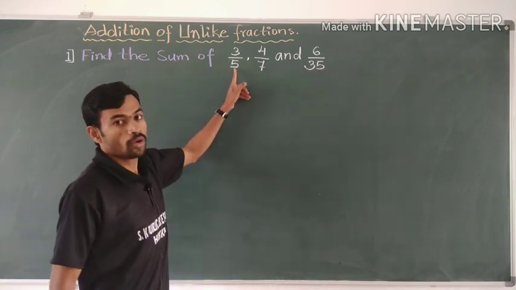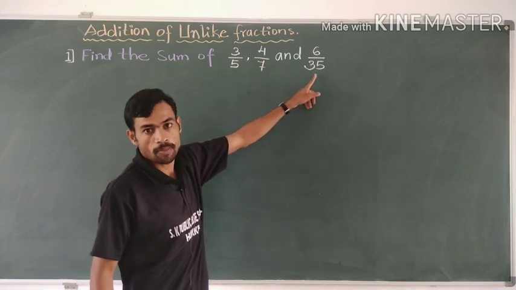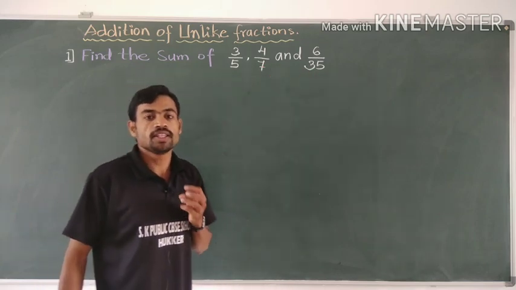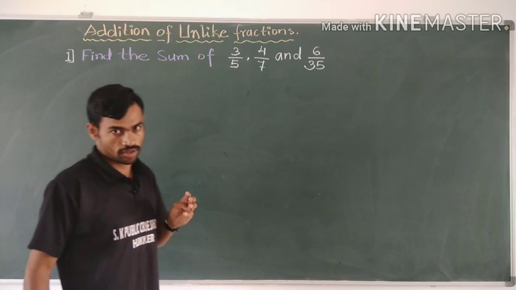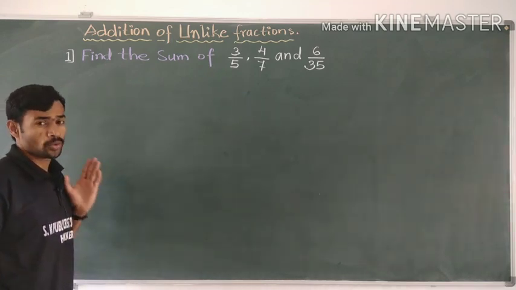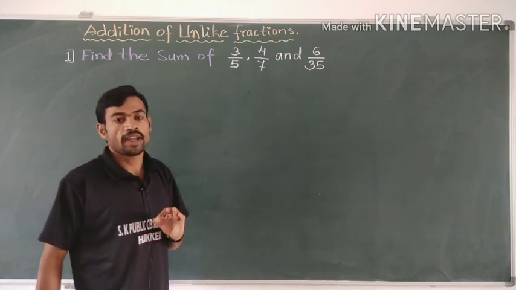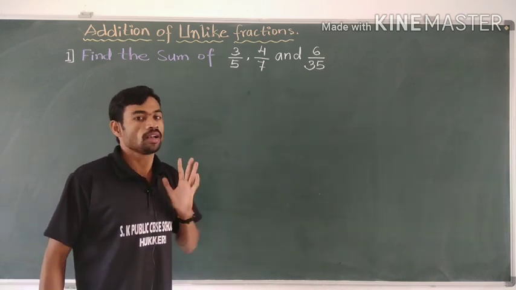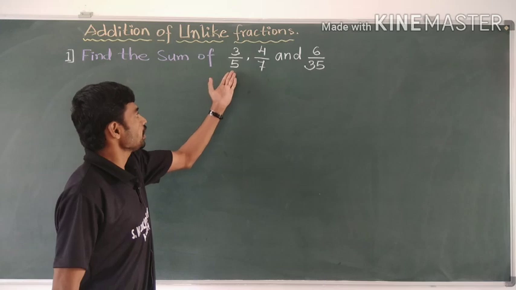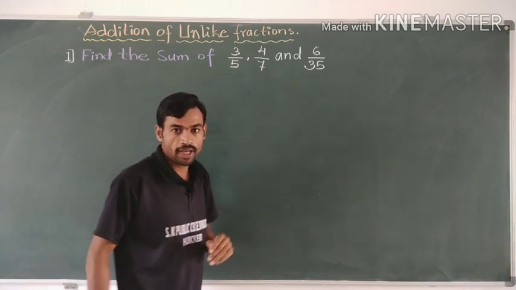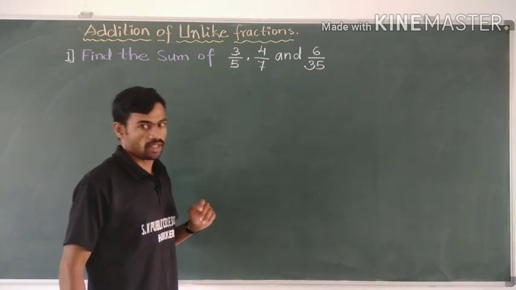So what we have to do? We have to find the sum. We need to add these three fractions. First we have to see whether the given fractions are like fractions or unlike fractions. Here all have different denominators.